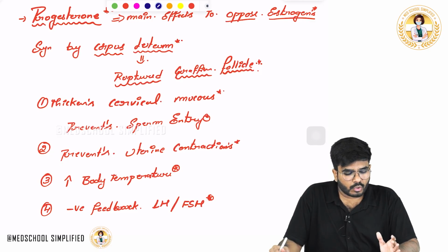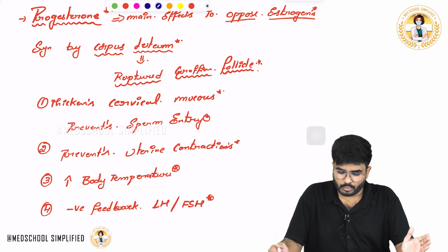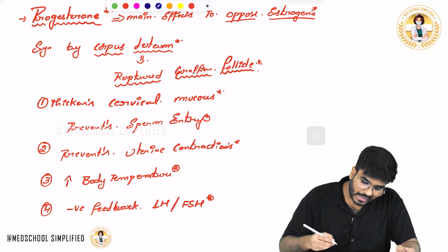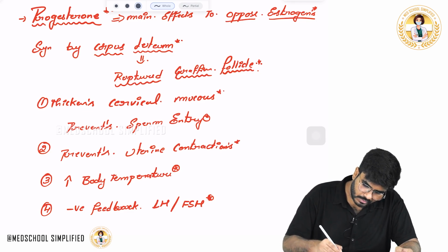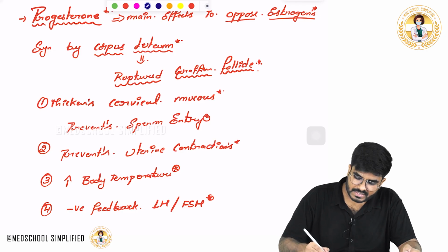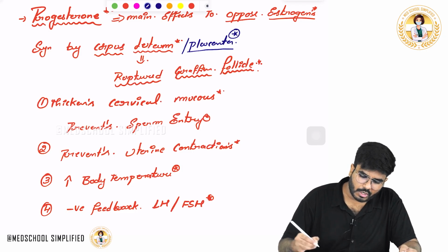But do you think it is only the corpus luteum that's going to produce the progesterone throughout the 9 months of pregnancy? No. Corpus luteum produces progesterone, but not only that, even the placenta. After 3 months of pregnancy, it's the placenta that produces progesterone mainly.